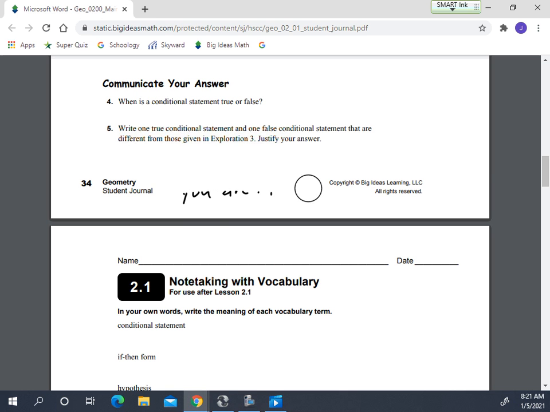Let me try another one. Let me come up with a false one. If you are in the school.